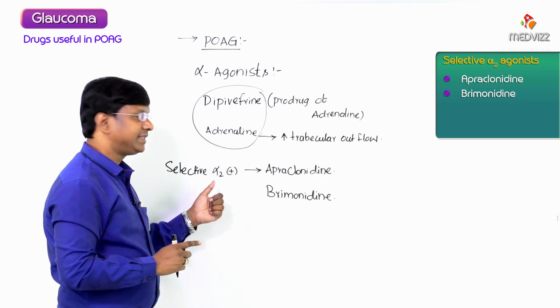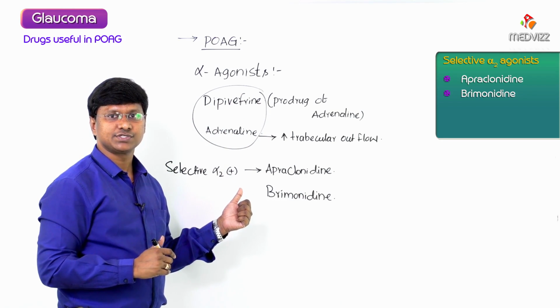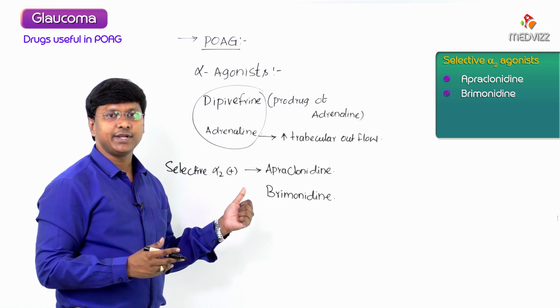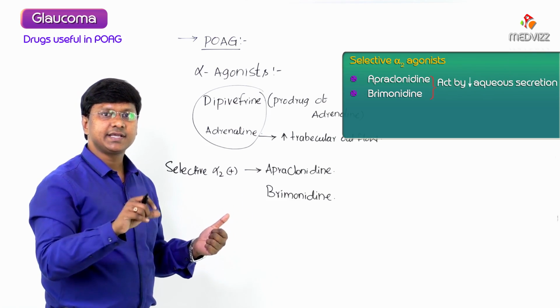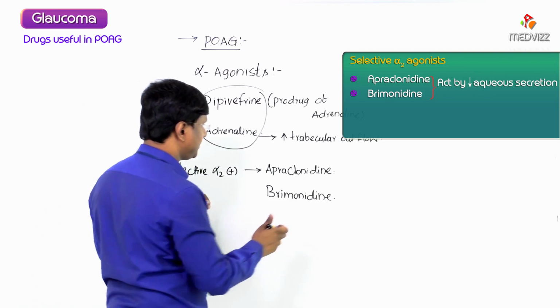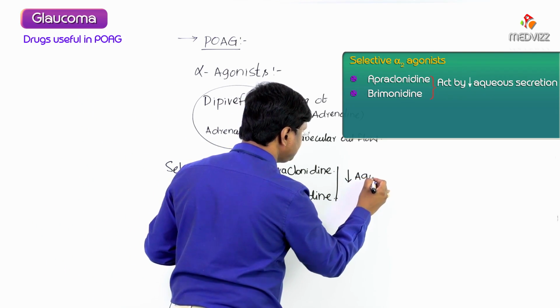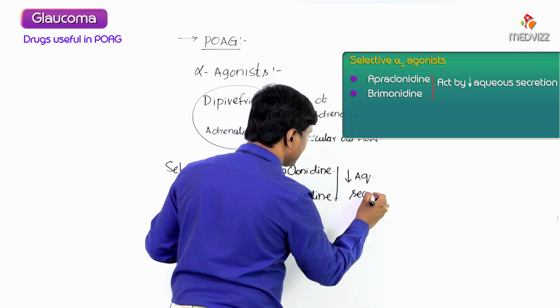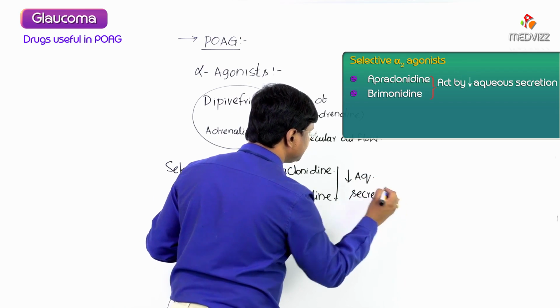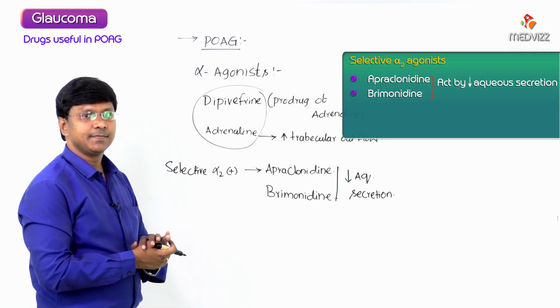Both of them are selective alpha 2 agonists. They act by decreasing the aqueous secretion.